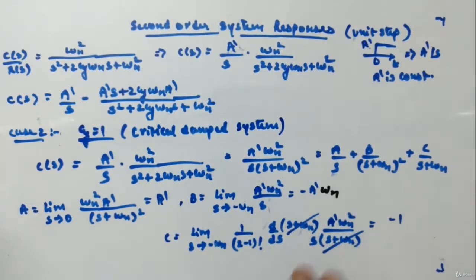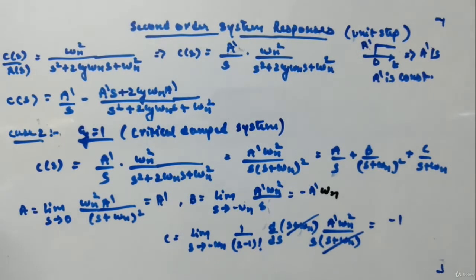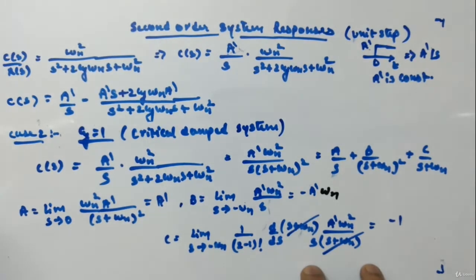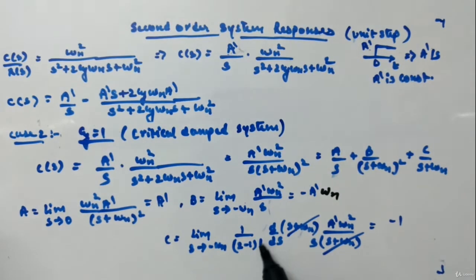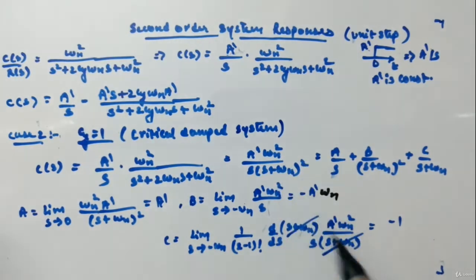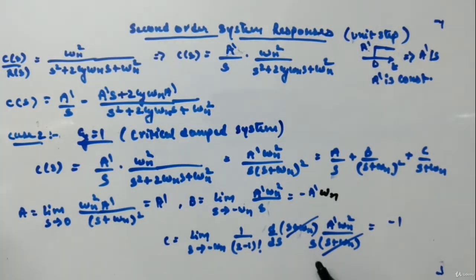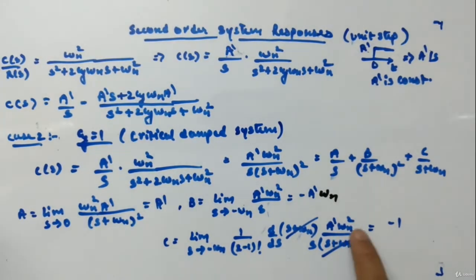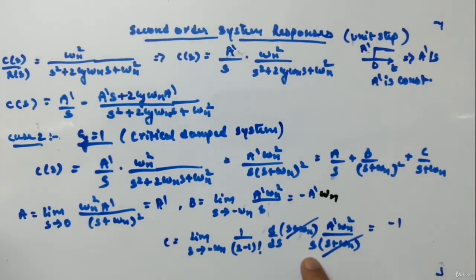It's a standard technique, you can go through it on the internet. Lots of videos are available, maybe I'll make one. So this is the way. Here also n minus 1 factorial, that's why it is 1, so this will get cancelled. Okay, so what you will get is a dash omega n square divided by s, and a dash omega n square divided by s will come.